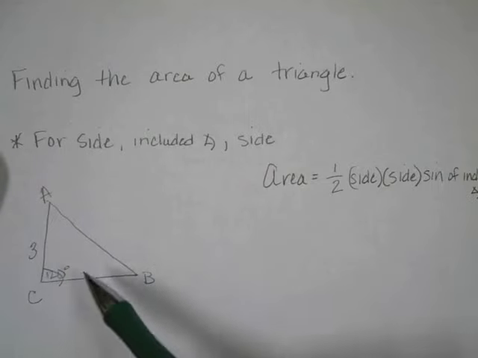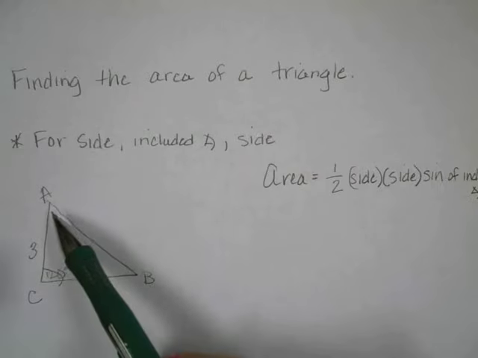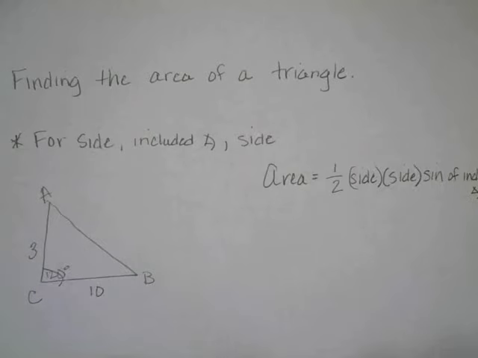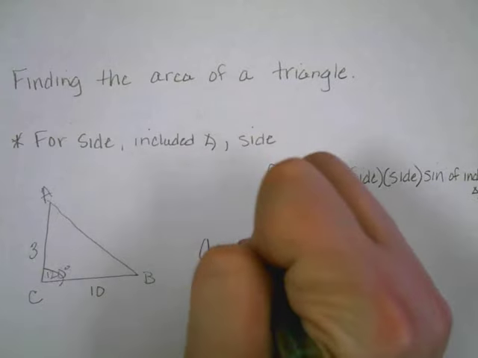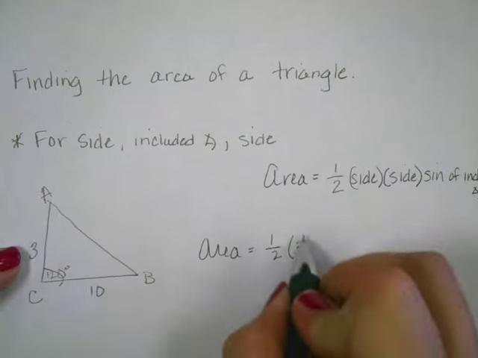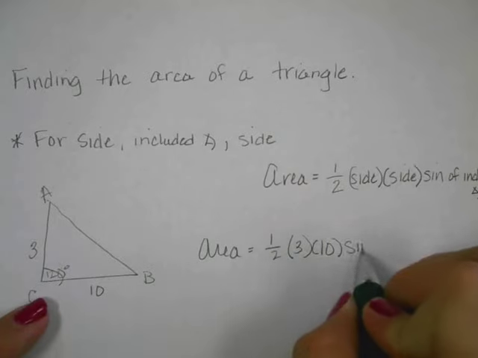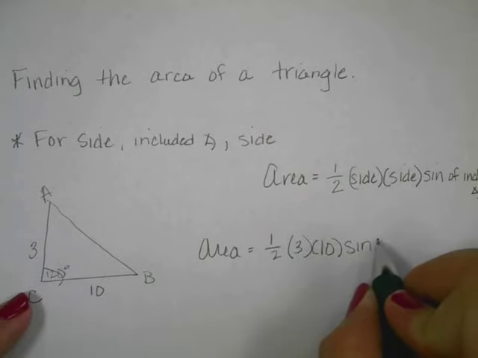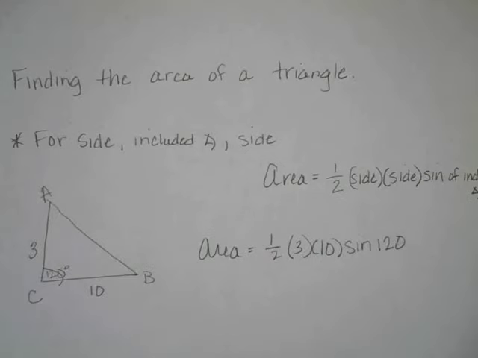If I had given you angle A and these two sides, then you would have to use the law of sines to find this angle C. You'd have to have the included angle for this formula to work. Once you do, then the area is just going to be 1/2 the one side times the second side times the sine of the included angle, so 120 in this case.